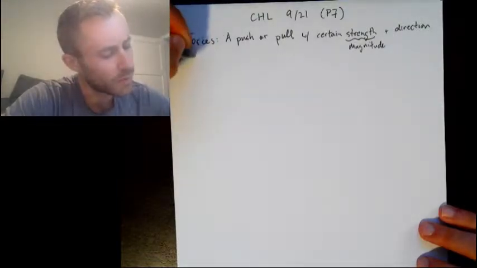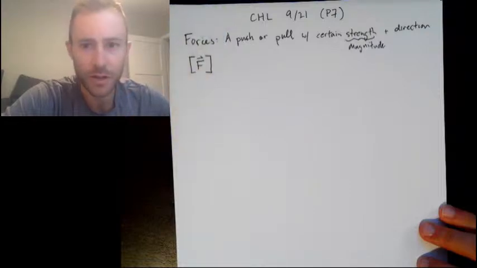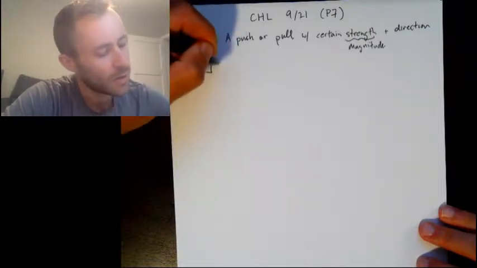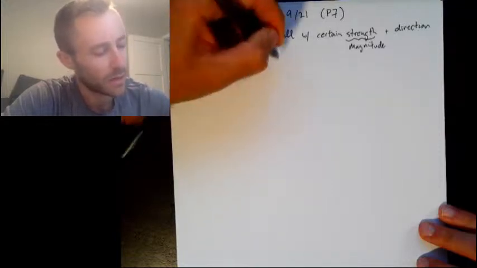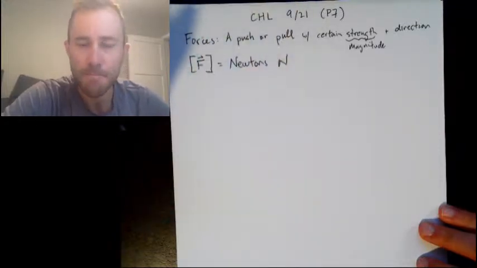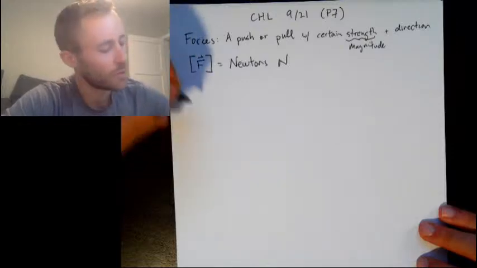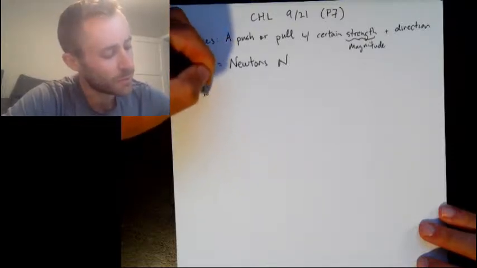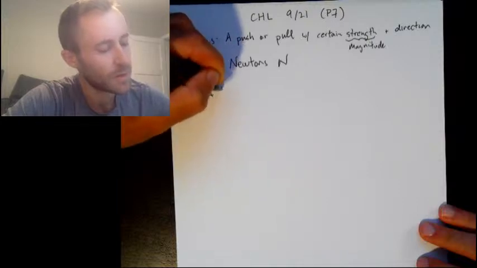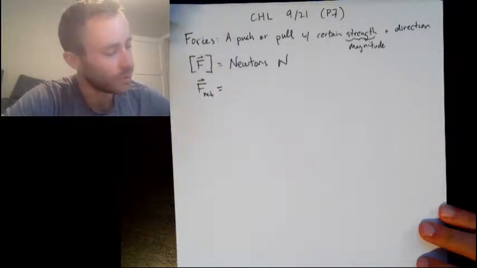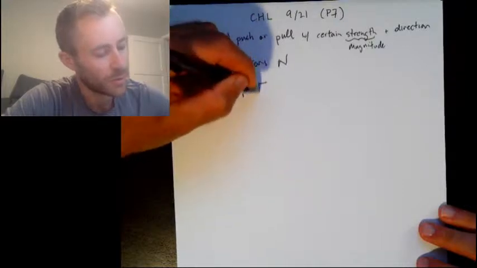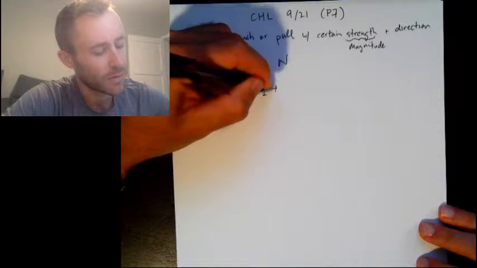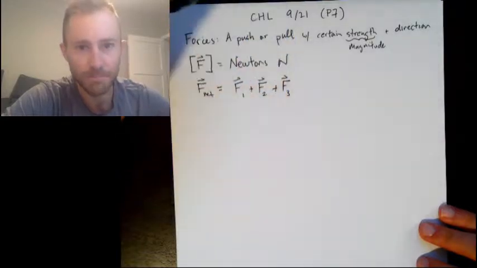We will denote forces by F, and the units of force, which I indicate by putting square brackets around it, are newtons, which we will abbreviate as N. There's a thing called the net force, which is equal to the vector sum of all the individual forces that are acting on an object, and there could be lots of them.